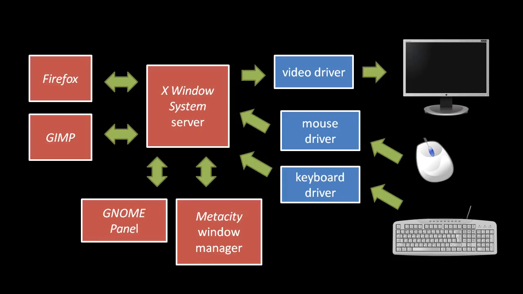So if we run, say, Firefox on your system, but have it connect to the X-Window server running on my system, then I will be seeing that Firefox window displayed on my screen, and I can interact with it just like it were a program running locally on my system, but in fact it's actually running on your system.